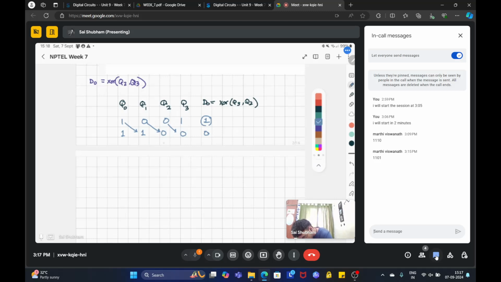Next cycle, 0, 1, 1, 0. The XOR will be 1. Next cycle 1, 0, 1, 1, and the XOR will be 0. So how many cycles?